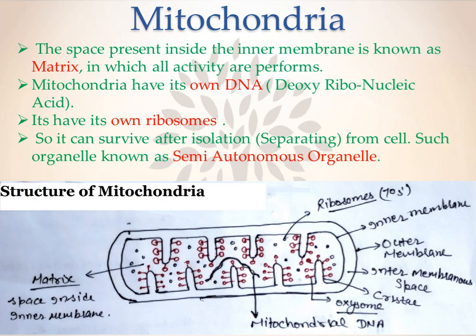All those characteristics are also present in the case of mitochondria. So if we remove the mitochondria out of the cell, it can survive on its own. Such an organelle is known as a semi-autonomous organelle. So here is the definition: it can survive after isolation from the cell. Such an organelle is known as a semi-autonomous organelle.